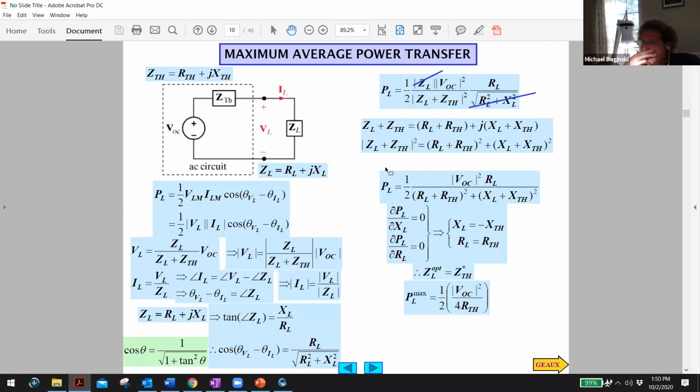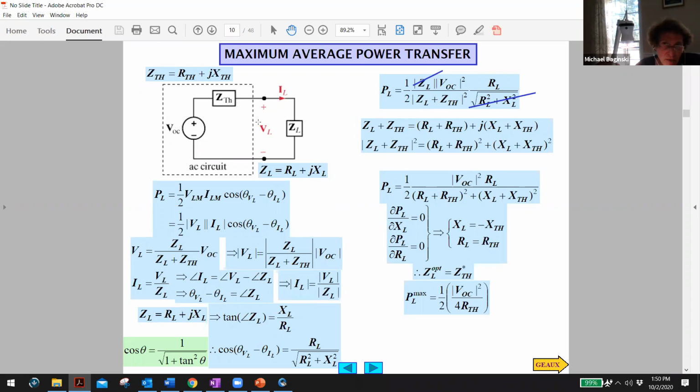And the last thing I'm going to mention that you are not responsible for on Monday is this: the maximum average power transfer. This is real important for MEs and aerospace engineers, so hear me. Super, super important.